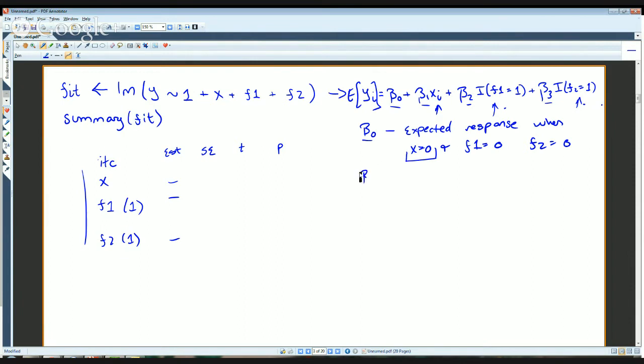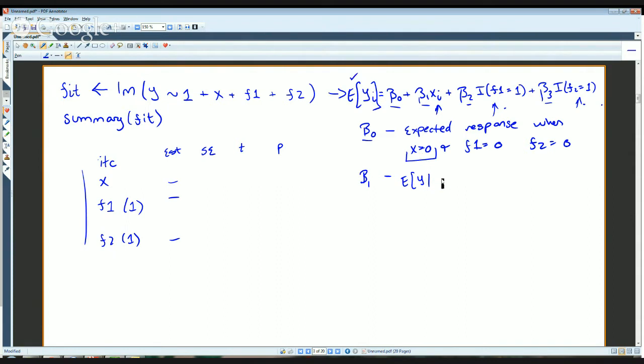Now beta 1, right? How do we get beta 1? So imagine the instance where, let me just say, expected value of y. I'm going to write out some notation.